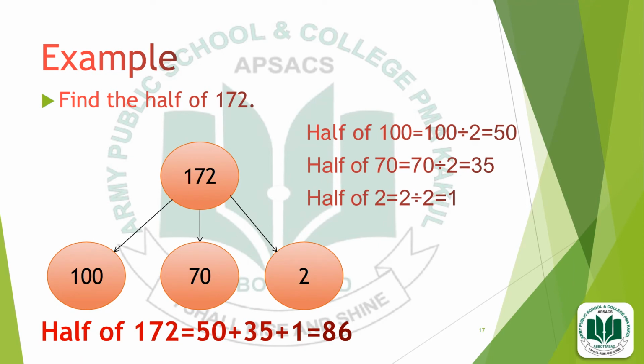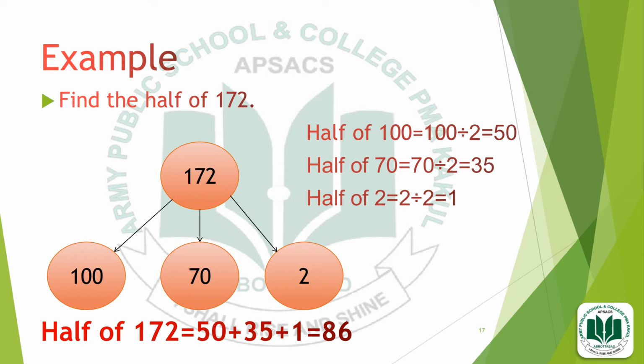Now I explain this method with one more example. Find the half of 172. Then we split 172 into 100 plus 70 plus 2. And we can find the half of 100, which is 50. Then we can find the half of 70, which is 35.